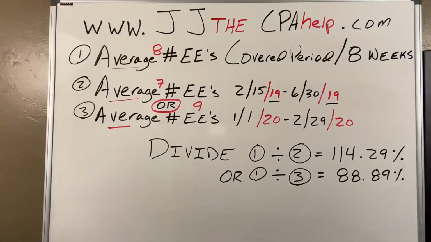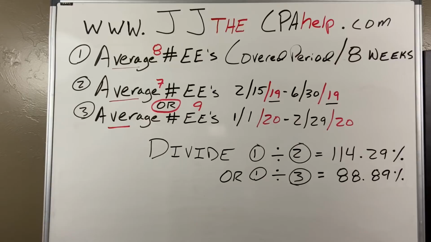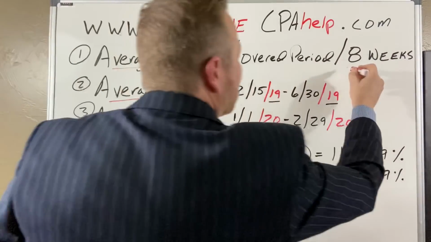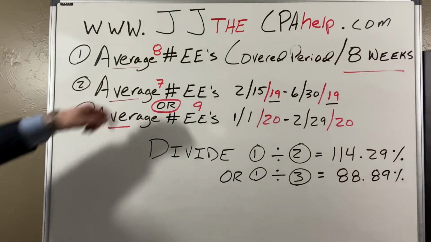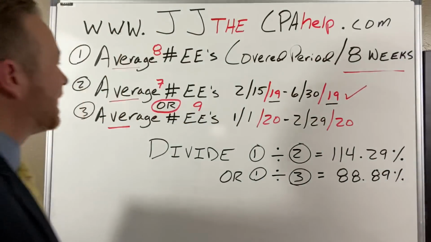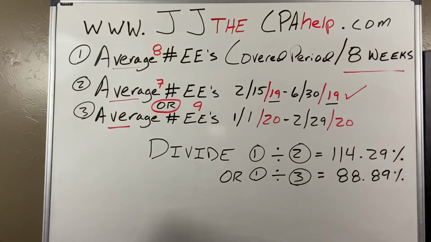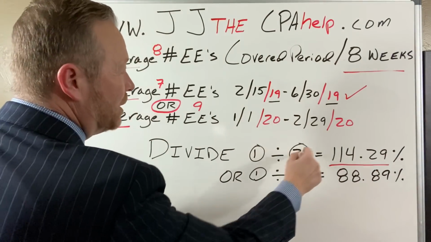And then what it says is you're going to divide, and you get to choose which one, which obviously you choose the better one. So if there was an average of 8 employees during the covered period, that's the 8 weeks, and then there were 7 employees on average in this period back in 2019, you take 1 divided by 2, which is down here. I don't mean the number 1 divided by the number 2.